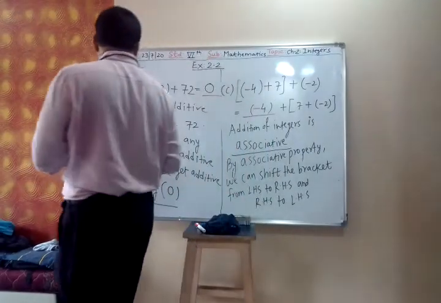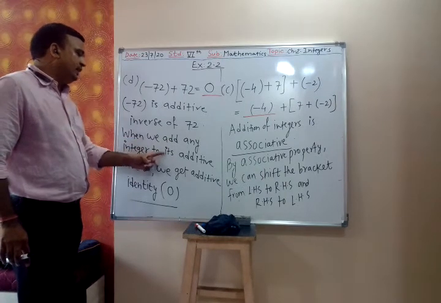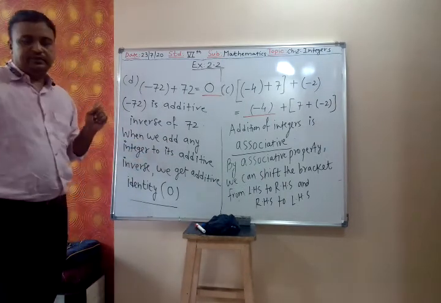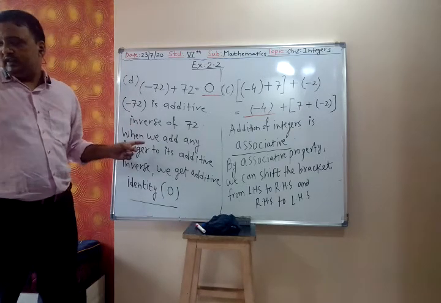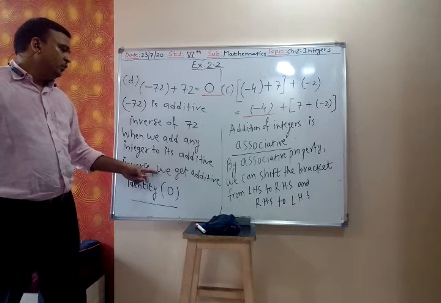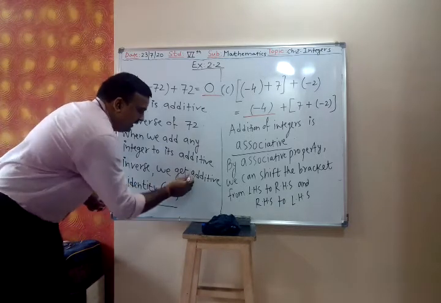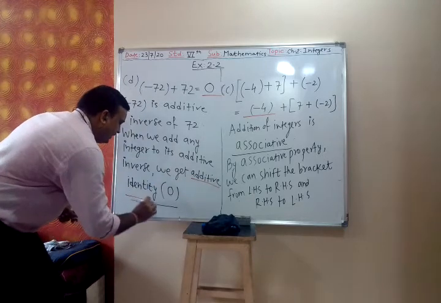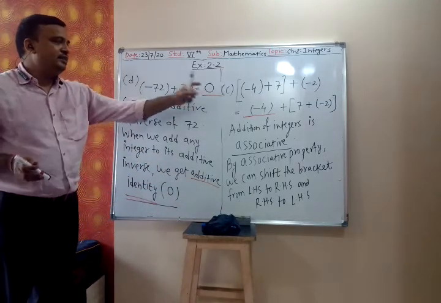When we add any integer to its additive inverse, we get the additive identity. What is the additive identity? 0. Additive identity 0.